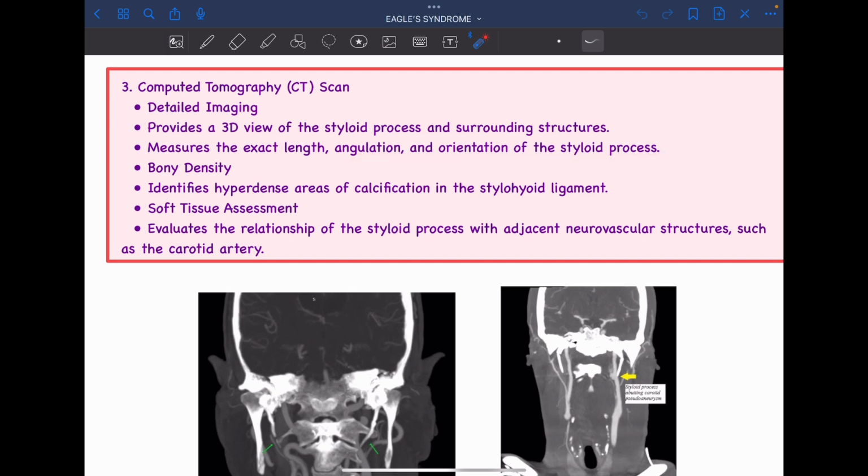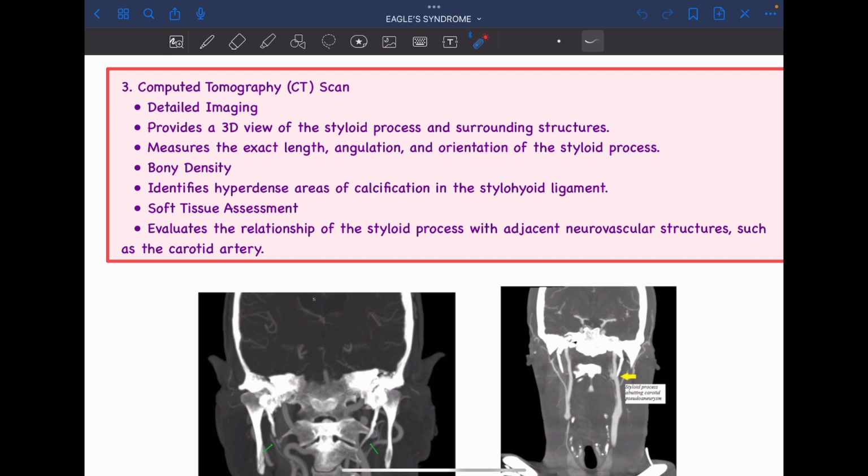You can also get an idea about bone density. It can also identify the hyperdense areas of calcification in the stylohyoid ligament. Now these things are very important when you are planning a surgery in these patients. You can also get a good view of the soft tissues, the surrounding tissues. Again, very important from the surgical point of view.